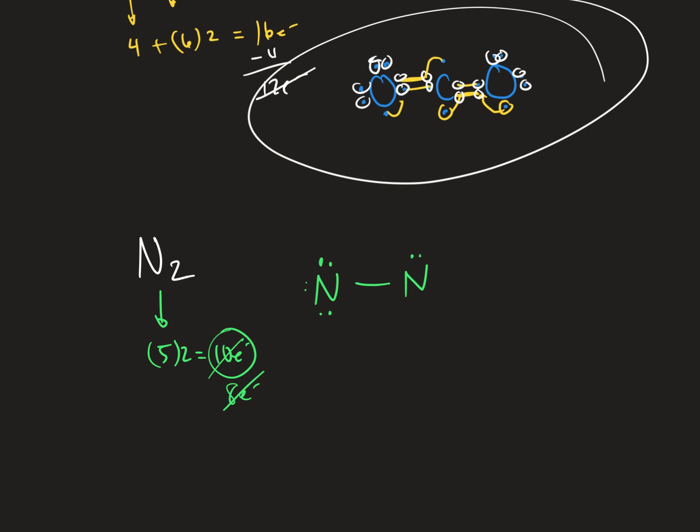Who's going to share? The nitrogen on the left or the one on the right? On the left, so we're going to take 2 away from here. Does this nitrogen still have an octet? Yeah, he's happy to share. Does this one have an octet? Not yet. So we keep going. Who's going to share? Who has more to share? The one on the left.